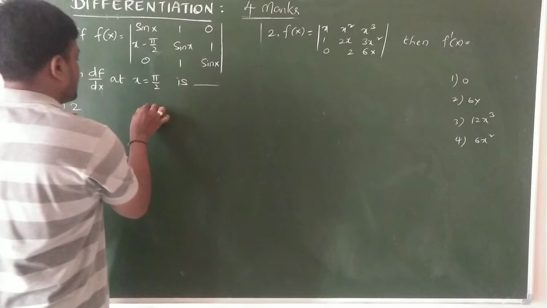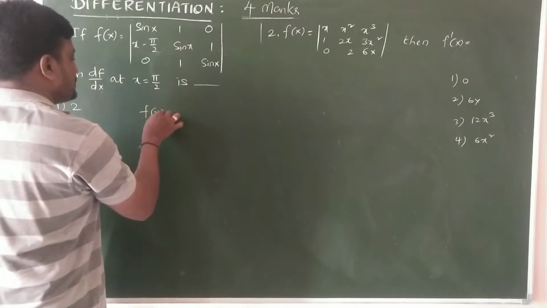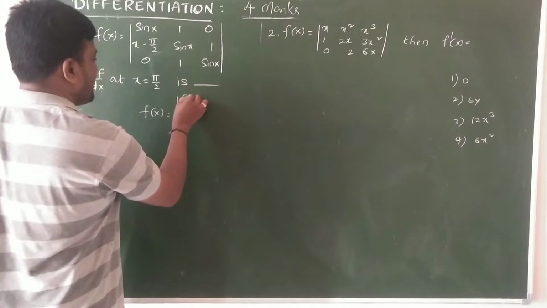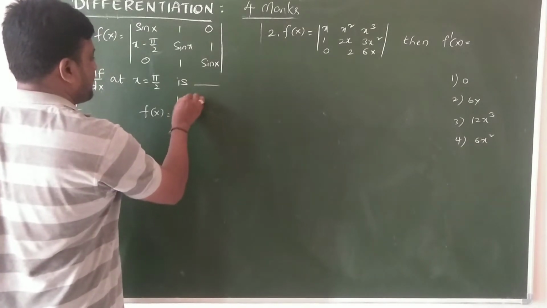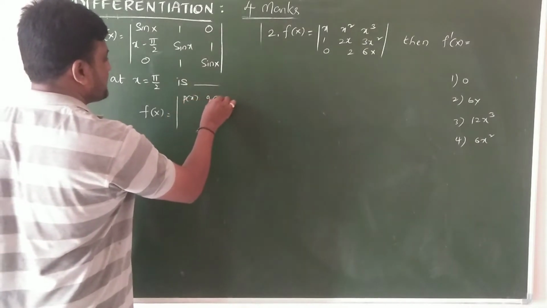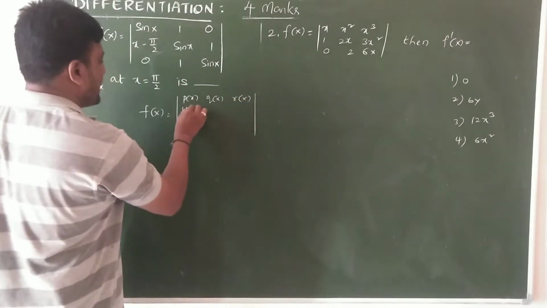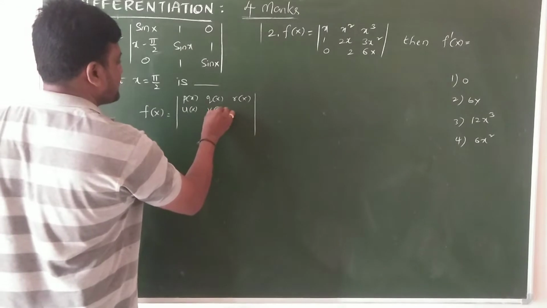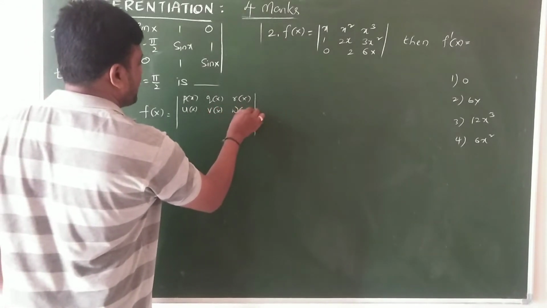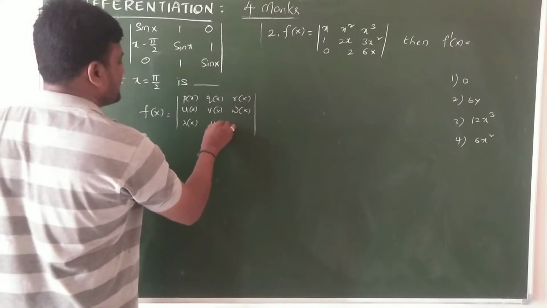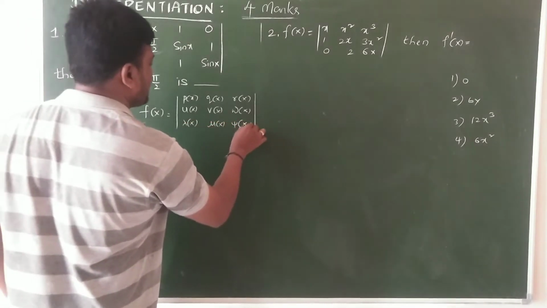What is that? If f of x is the determinant of P of x, Q of x, R of x; U of x, V of x, W of x; and lambda of x, mu of x, psi of x.